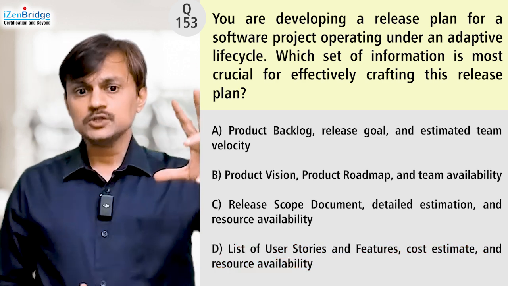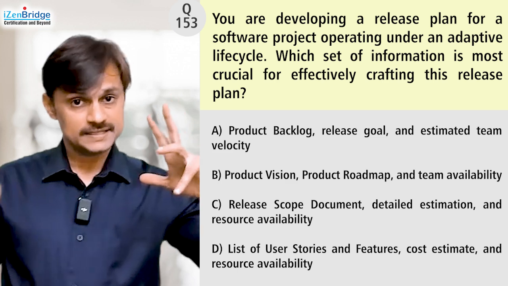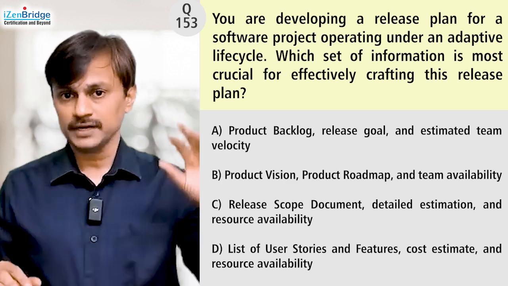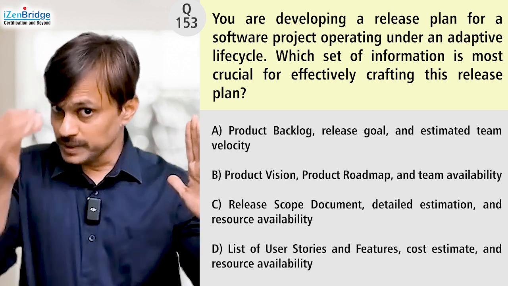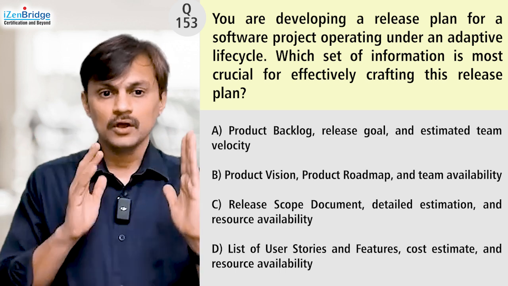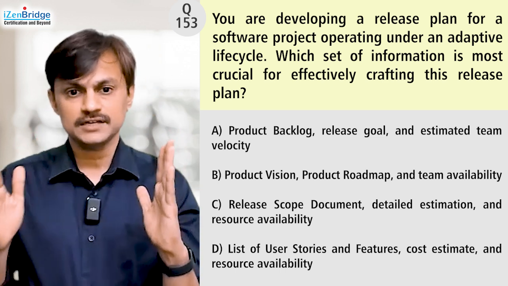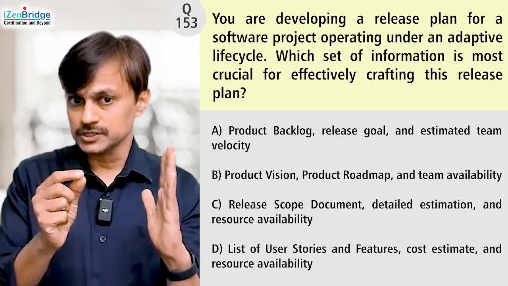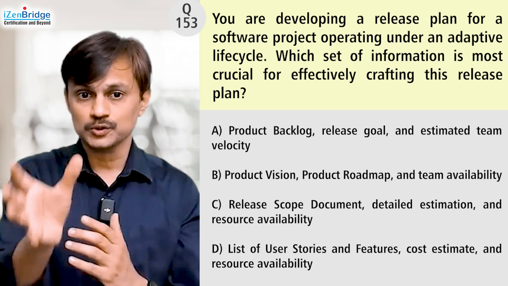Option A talks about product backlog, release goal, and estimated velocity. Everything is perfect. The only thing is we are assuming a little bit that the product backlog is prioritized. Option D, list of user stories and features: here we are assuming that this list belongs to a given release.